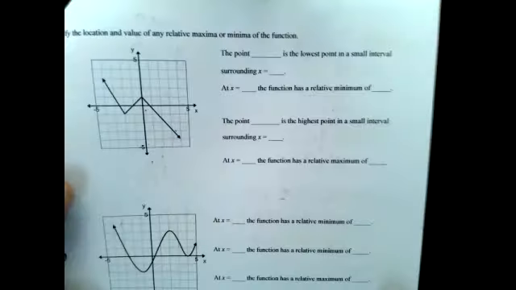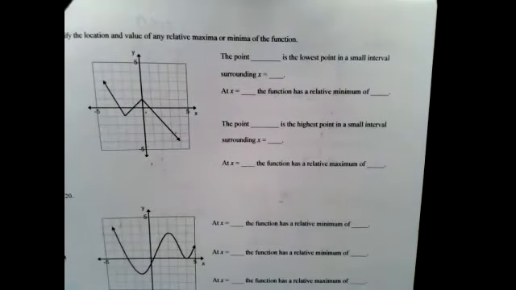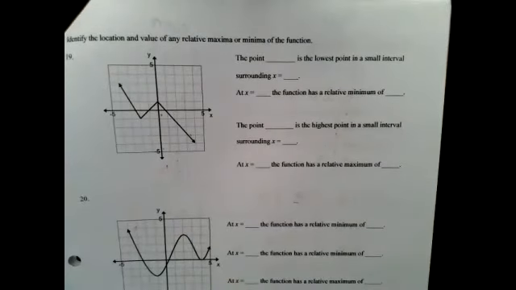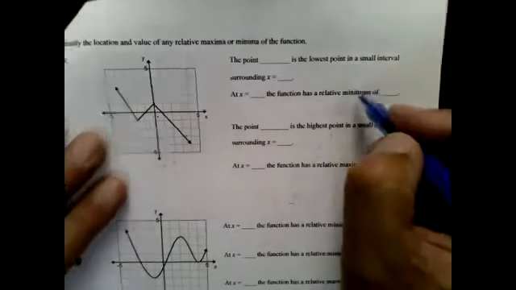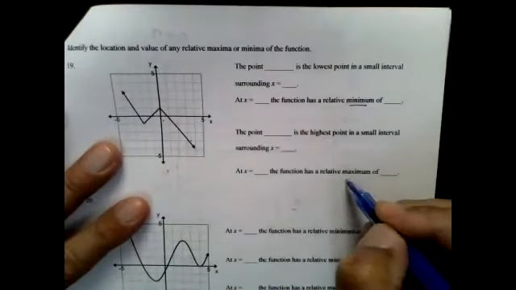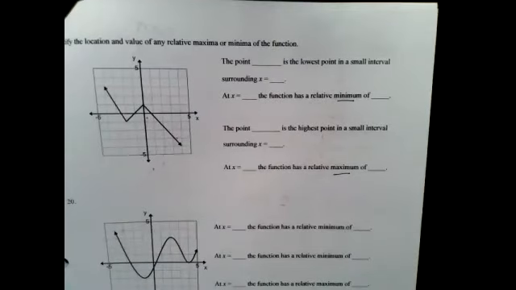Let's see what we got. Identify the location of the value of any relative maximum. The point. This first one wants a minimum. Second one is a maximum. Where's my min? What point?